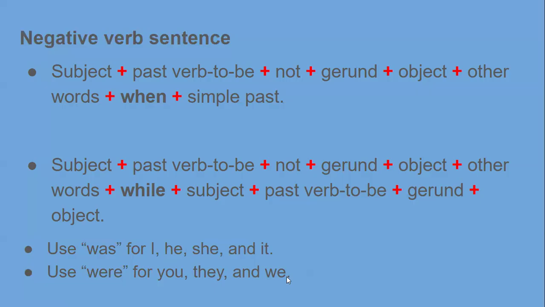Okay? So this is the structure and of course the rules which are associated with the negative verb sentence in the past continuous tense. Okay? Now, let us apply these rules and the structure by doing some exercises in the next slide.